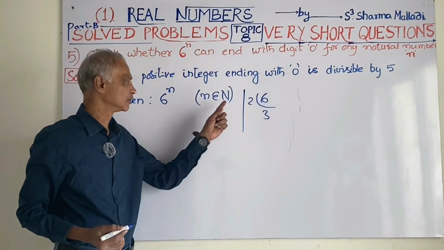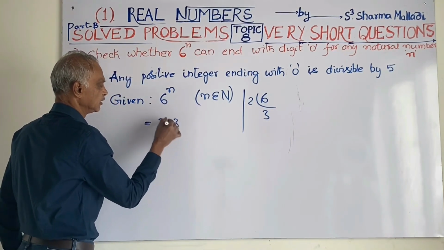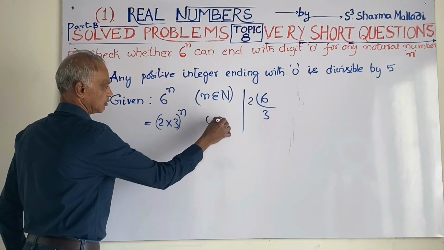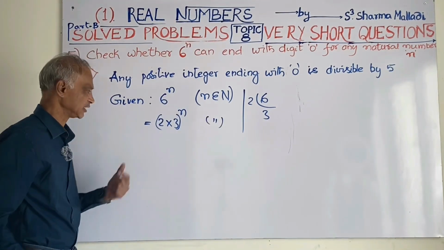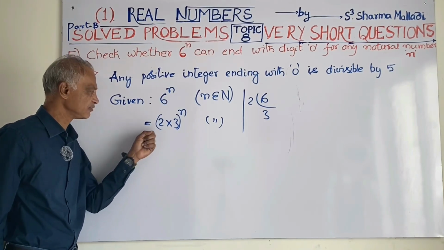You take 6. 2 3s are 6. It can be written as 2 into 3 whole to the power of n. n belongs to natural numbers. It's a positive integer. 6 to the power of n does not have 5 as a factor.